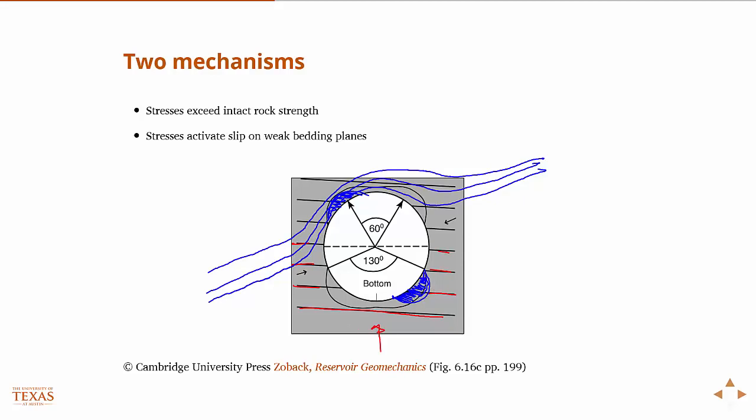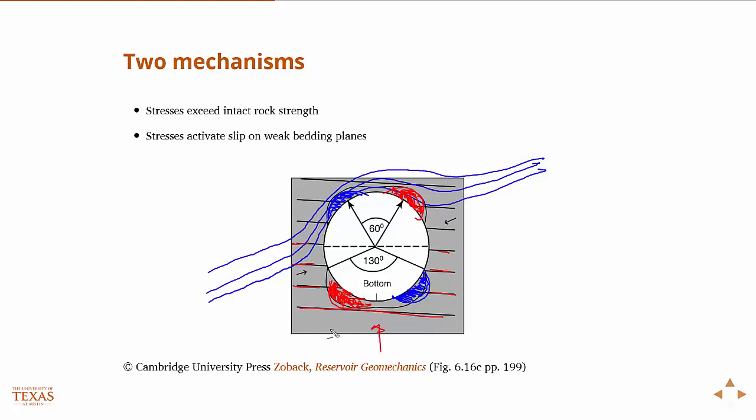But along the other two lobes, the mechanism is that the angle between the principal stress direction and the angle of those faults, or weaknesses in the bedding plane, causes slip to get activated. These secondary lobes are associated with the stresses associated with the activation of that slip, and that causes those to exceed the failure stress as well, okay? So that's the mechanism of why you'll see this lobed behavior in an anisotropic rock.